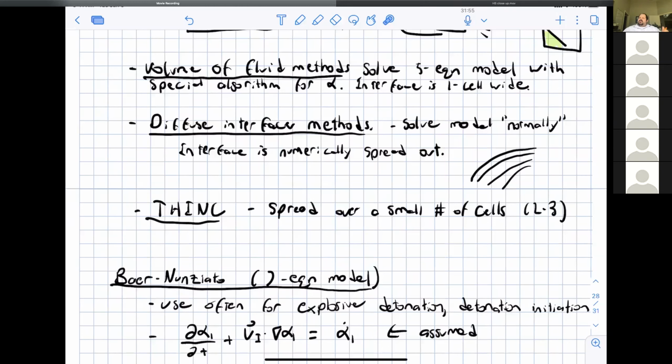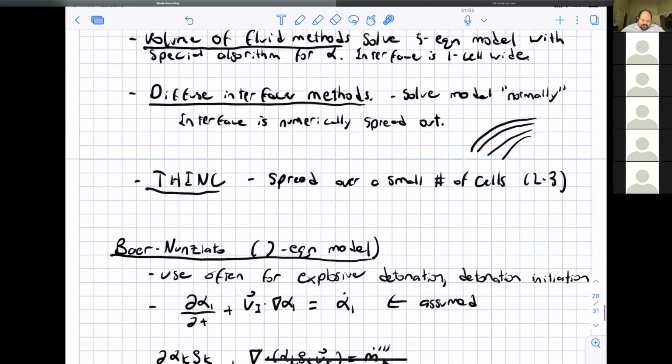It may or may not exist, but I know the volume of fluid method has been used to do single droplet combustion and things like that. Eventually there will be a scale up from single droplets to multiple droplets, and then to sprays and other things.